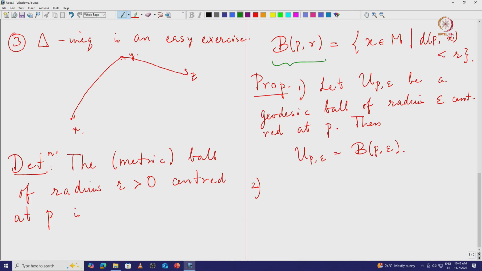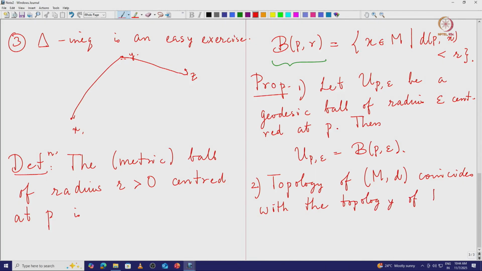A priori there is no reason for these two topologies to be the same, but our Riemannian manifolds are nice enough that these two topologies actually coincide. So the topology of M with this distance function coincides with the topology of M.